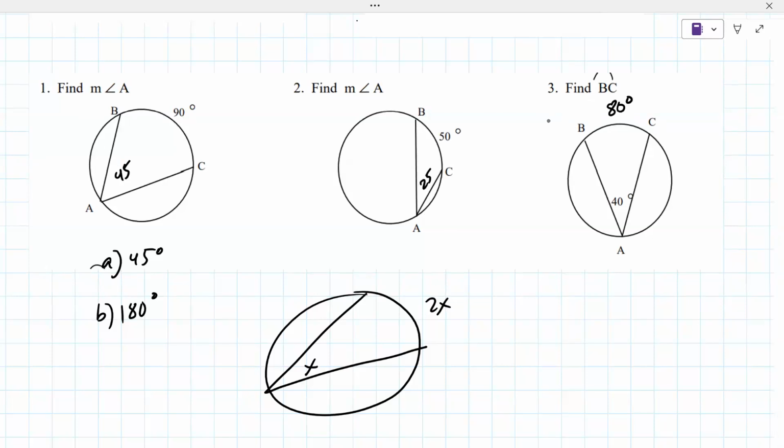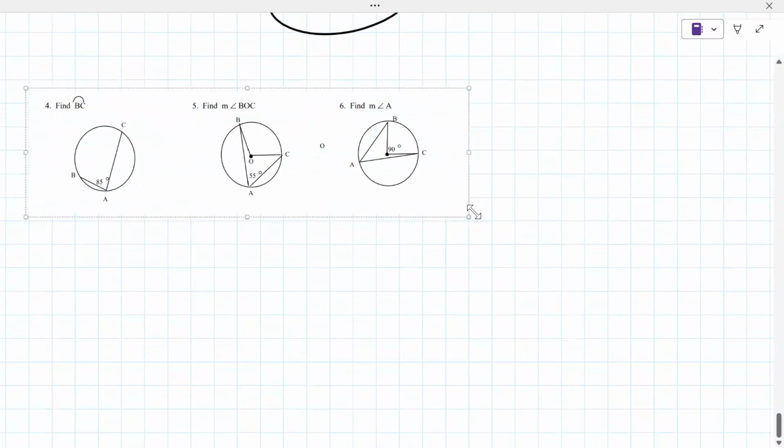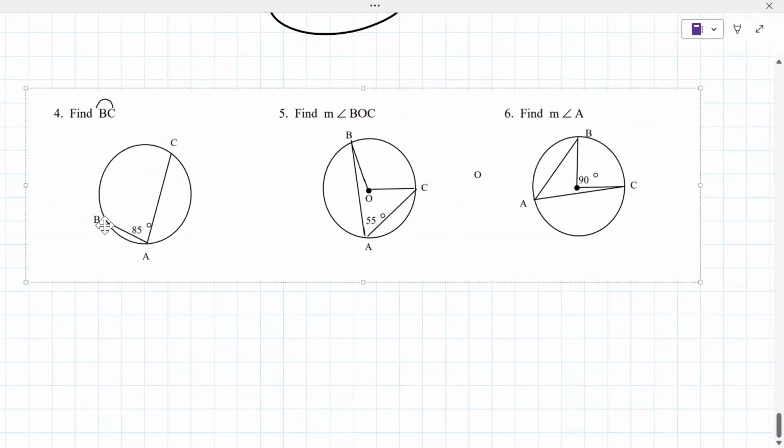Good. That's why I was trying not to get you to overthink it. I gotcha. But they do get more difficult. I bet. So in this next grouping of problems, give me the angle measure B to C, and then we'll talk about the more difficult ones here.